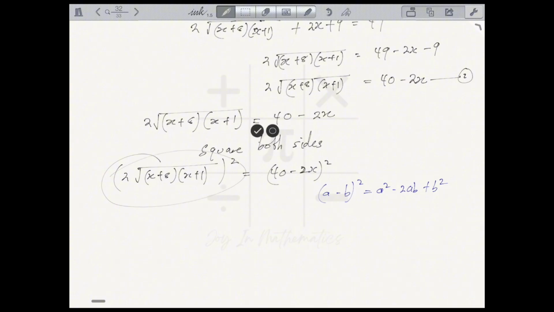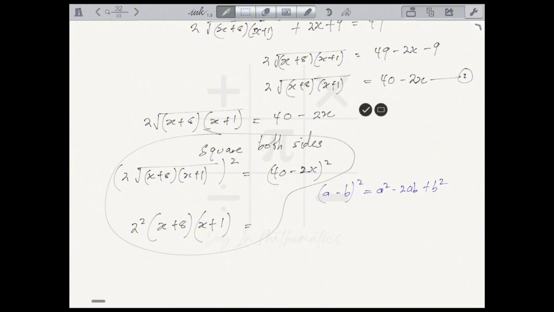Right, this can be simplified on its own to give us 2 squared multiplied by x plus 8 and x plus 1, and this will be equal to, or even before we proceed, I think we should be able to find something between here and here.